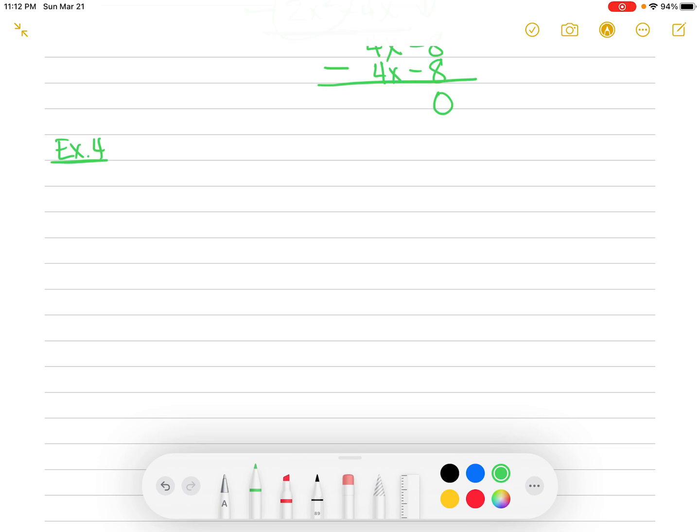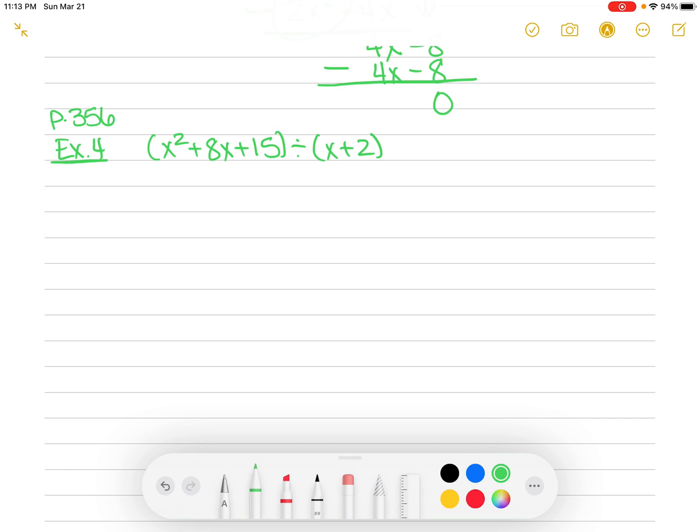If you want to attempt it, you can go to page 356 and try the example 4 on that page. But instead, I'm going to give you a different one for example 4. So let's do x squared plus 8x plus 15 divided by x plus 2. This one's a pretty simple one, so I want you to try this one on your own. Go ahead and hit pause and try it.